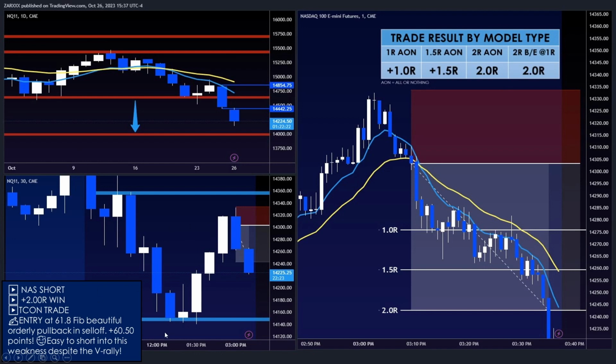So impulse down, retracement or correction up to a 618, and it began to break down. You will see if we move over to the 1-minute chart, this nice pullback, that's part of this leg right here, and then a breakdown below 2 EMAs, drop, a little bit of a pause, breakdown for that continuing impulse move down. Entry, 2R win, nice and clean.